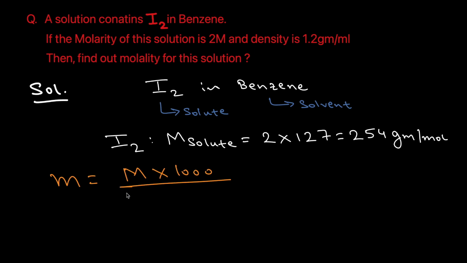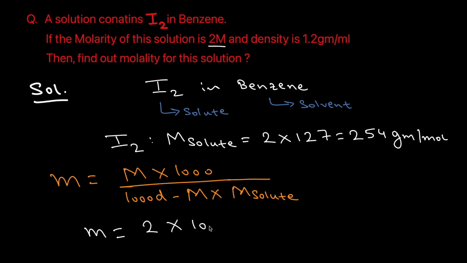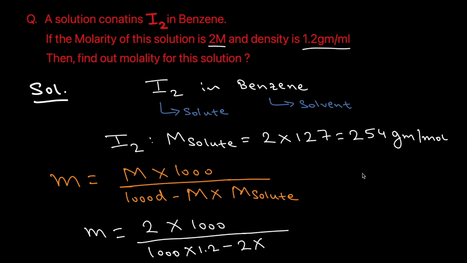Molality is equal to molarity times 1000 divided by 1000 d minus molarity multiplied by M solute. We have to simply put the values here. Molarity is 2 M, so 2 multiplied by 1000 divided by 1000 times density 1.2 gram per ml, so 1.2, minus molarity again 2 multiplied by molecular weight of solute, which we calculated, 254 gram per mole. So it will come out to be 2.89. This is the answer simply.